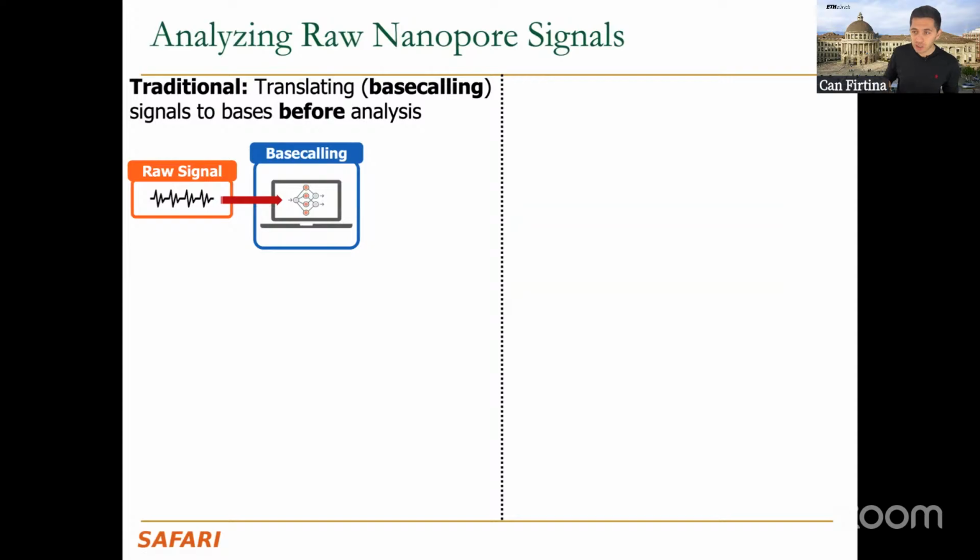The traditional way is to translate, or base call, these signals to bases before the analysis. How it works is you generate the electrical signal and then input it to the base callers. These base callers are usually in the form of deep neural network architectures.